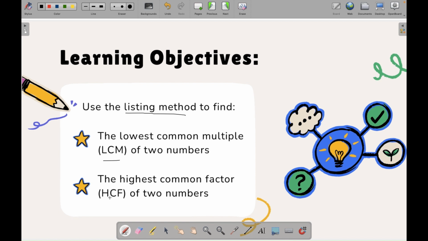We use two numbers to find the highest common factor. If I have just one number, I can only find the factors or the prime factors. But if I have two or more numbers, I can find common multiples, least common multiple, common factors, and highest common factor. So the requirement is that we should always have two or more numbers when we are finding the LCM and HCF.